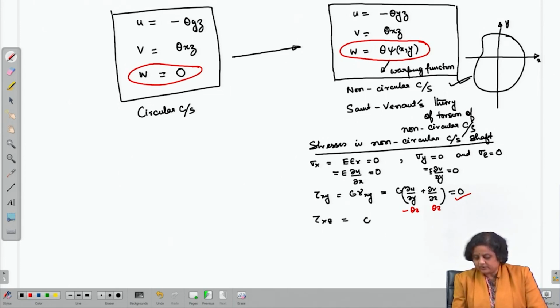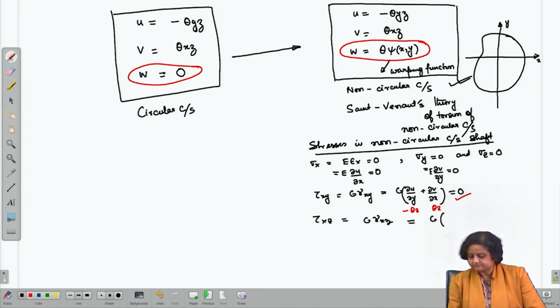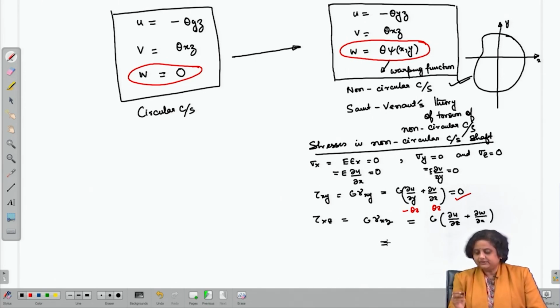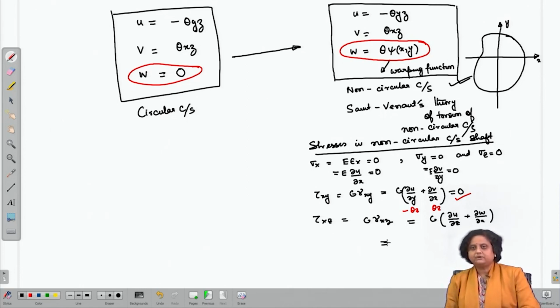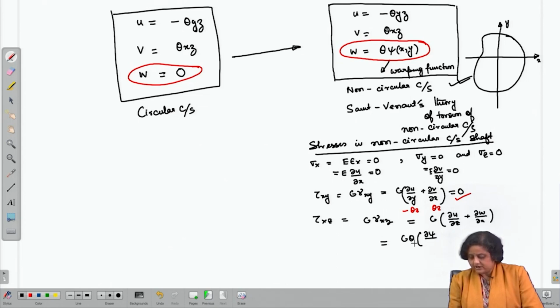Tau xz is going to be G into gamma xz. Now, what is gamma xz? That is going to be G into del u by del z plus del w by del x. Now, if I substitute these displacement fields here, I get this as G into theta into del psi by del x minus y.